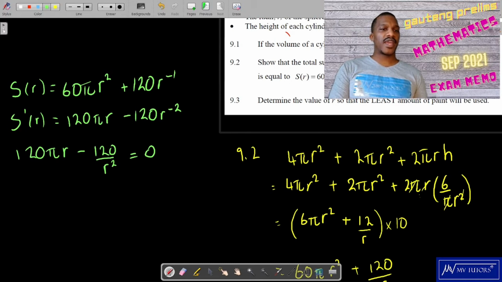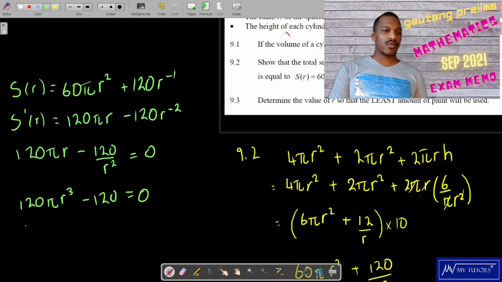To get rid of this fraction, I'll multiply everything by r squared. It's just mathematical gymnastics at this point. 0 times r squared is 0.